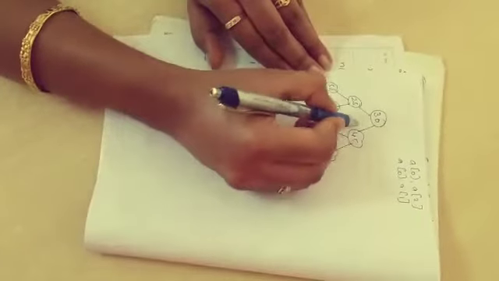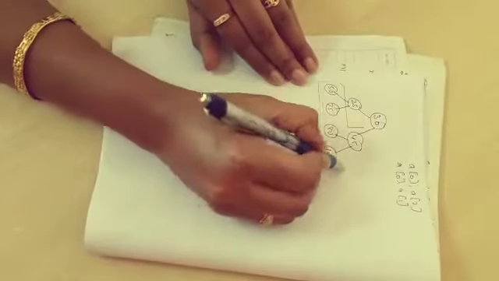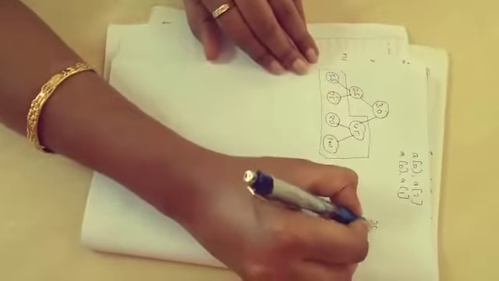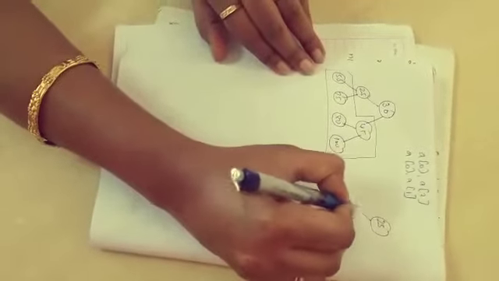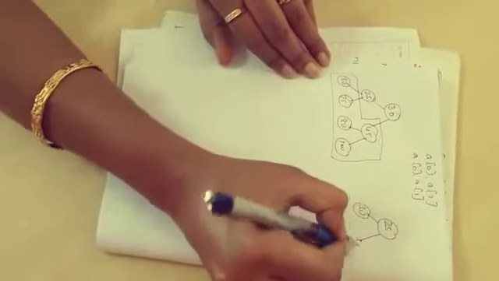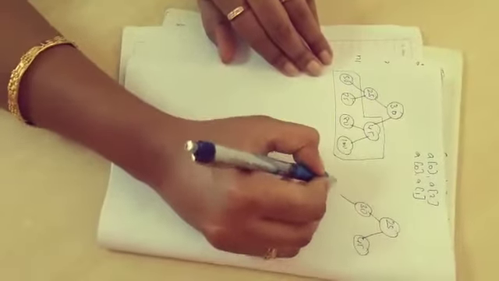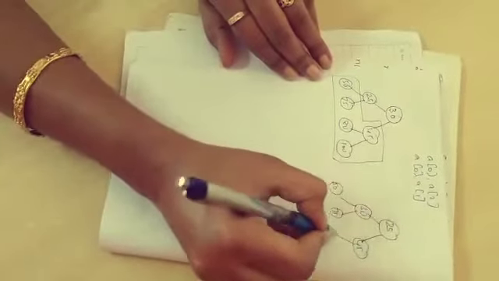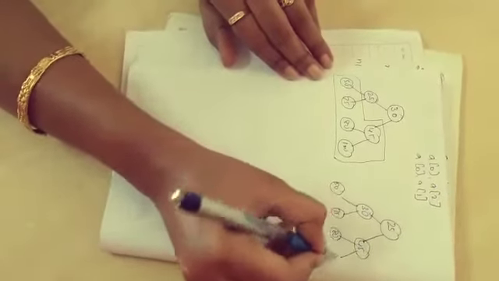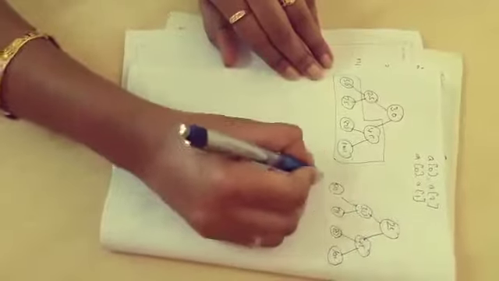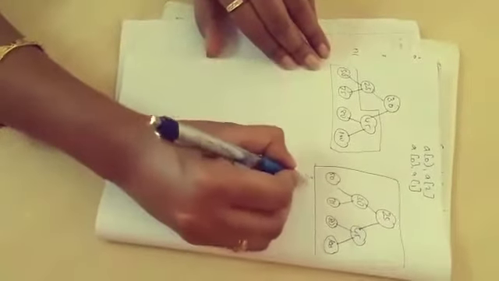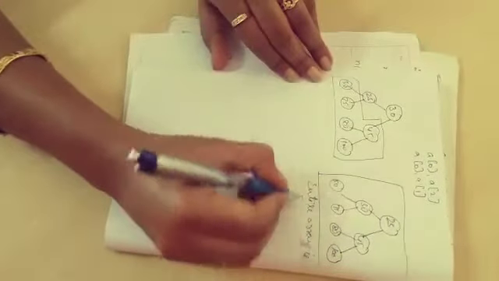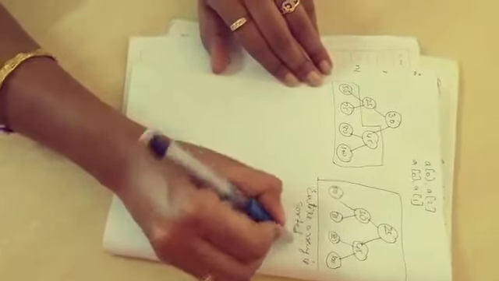I think this all becomes the sorted part. So after exchanging this, what will you get? 25, and here comes 30, 45, I think this is 50, 75, 80, and 100. Now the entire array is sorted. This is the last step.